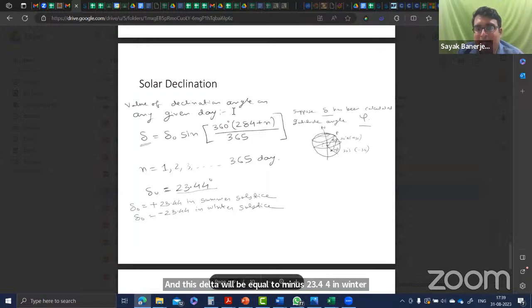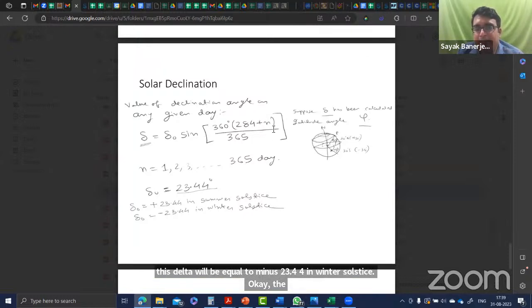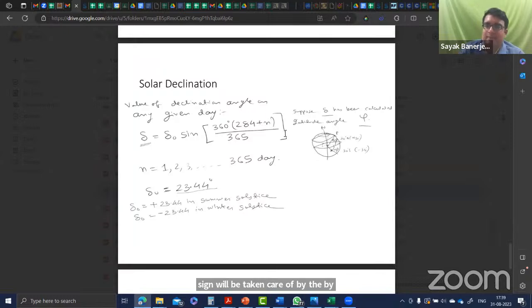The sign will be taken care of by the n value. The sign becomes positive and negative cyclically, so you don't have to worry about the plus or minus sign here. Delta zero will be 23.44 only. You always put that and then put n, the number of days of the year.